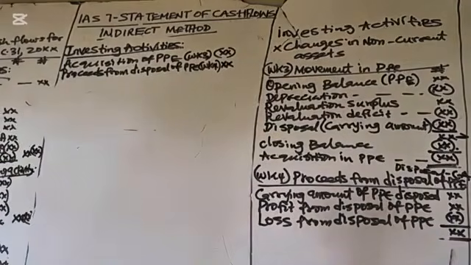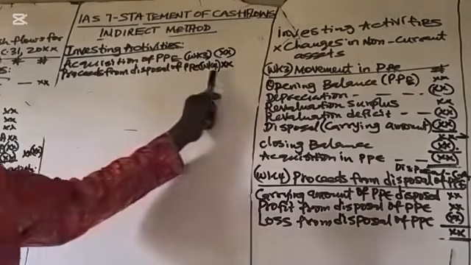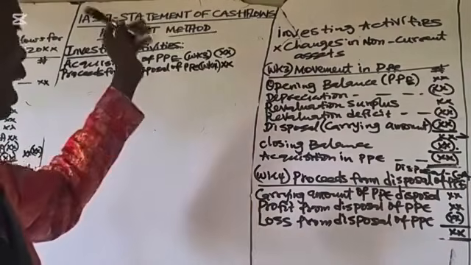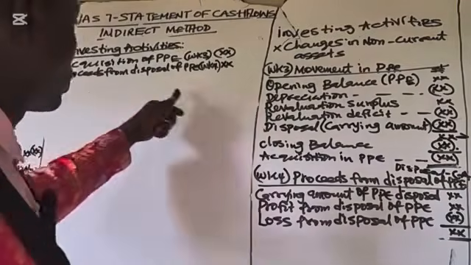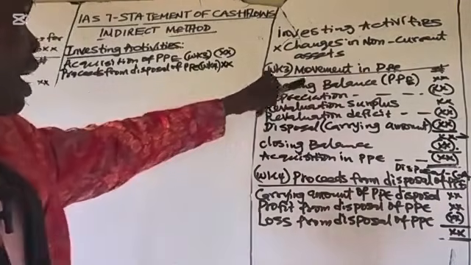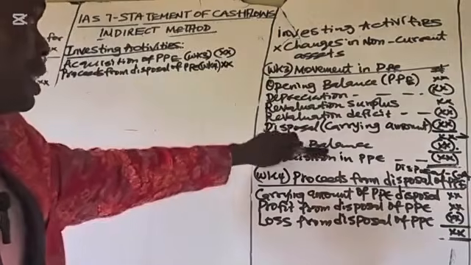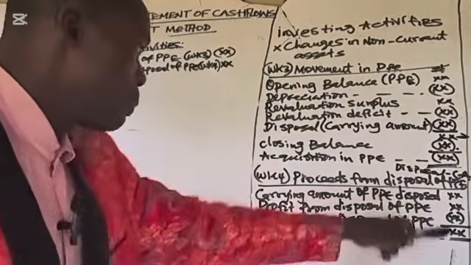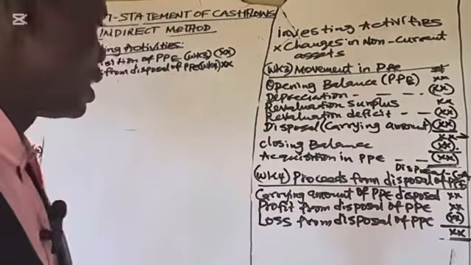In most cases, the proceeds from disposal will be given in the question. But where it is not given, you can see profit or loss from disposal of PPE in the question, then you know there is disposal. After you have done your movement in PPE to get the carrying amount of the PPE disposed, you calculate the proceeds from disposal using this format.